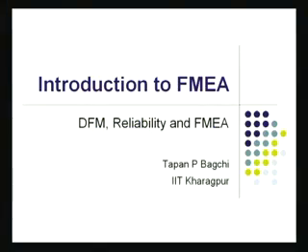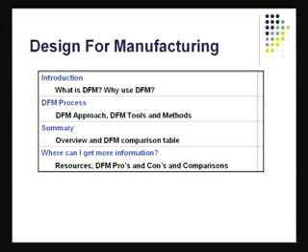So we start out with the title slide, which is DFM and reliability. That's what we'll be doing today. Design for manufacturing is a particular approach to design products so that they become easier to manufacture. In fact, the coverage would be starting out with what is DFM, why use DFM, why use this particular approach, what is the process like, how you approach it, what are the tools used in DFM, and what are the methods that you utilize.